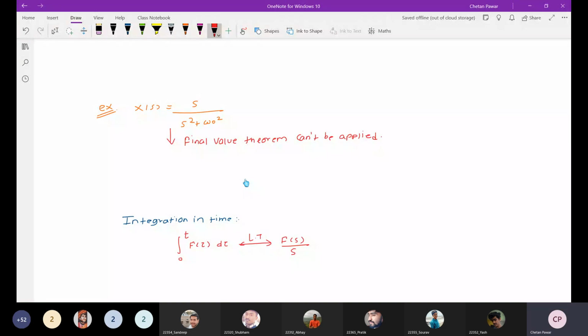Where does the pole exist for this particular signal? What is the location of the pole for this Laplace transform? Anyone?